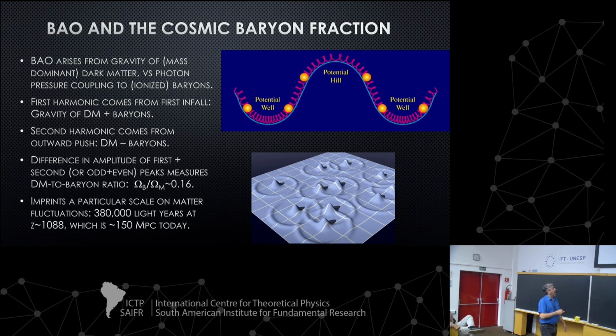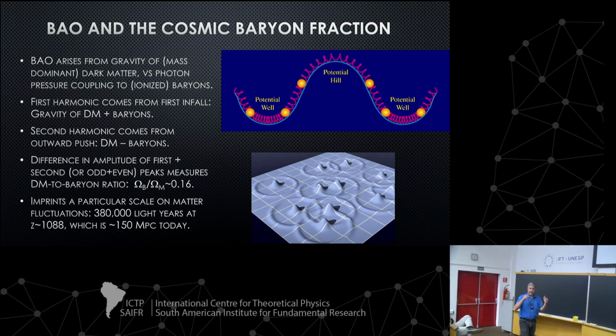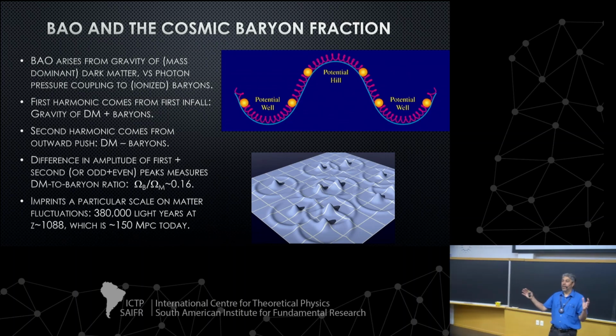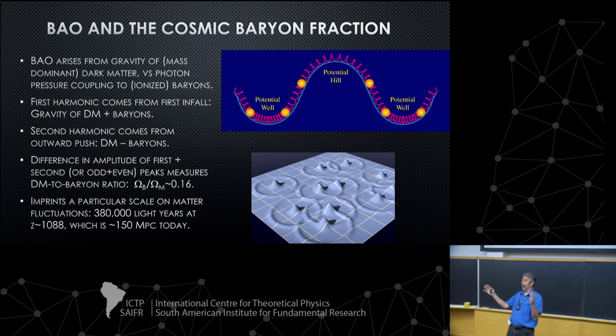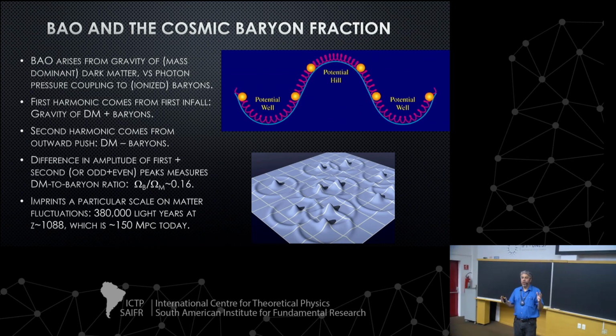So the interesting thing is the scale of this fluctuation. The first infall really corresponds to the largest possible coherent scale at that epoch. Now, if the universe is 380,000 years old, that means it's 380,000 light years across. That's the largest scale at which you can pull things in and have it be causally connected by then.